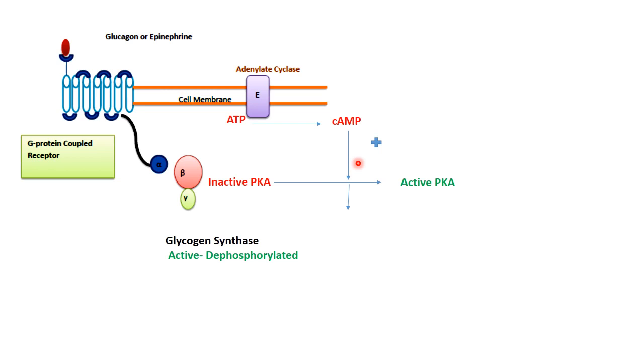It will act on the dephosphorylated form of glycogen synthase and inactivate it by phosphorylating it. So, cyclic AMP will activate protein kinase via which the glycogen synthase will be phosphorylated and it will be inactivated.